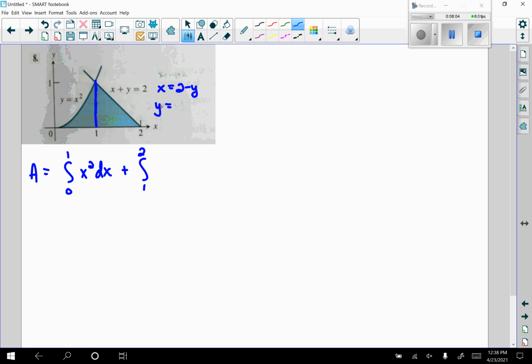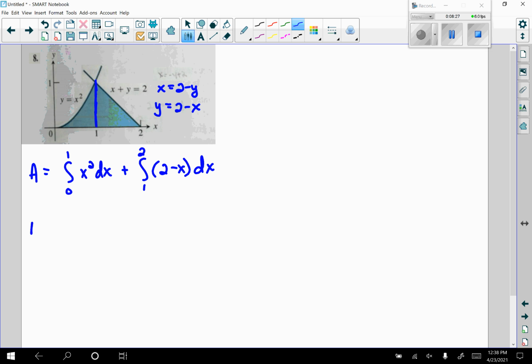Y is going to equal 2 minus x, to make it easier. If not, we still could have done this and then just put a dy after it. We still would get the same thing.